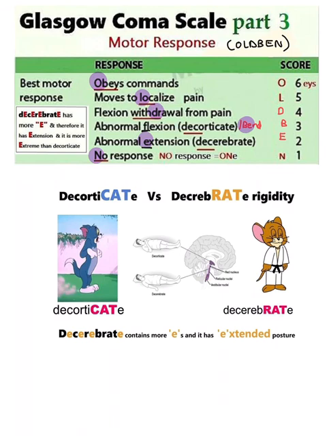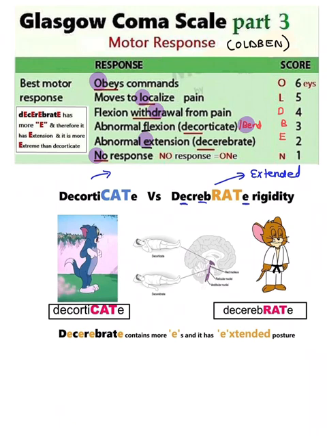Now there is a very big confusion: what is decerebrate and what is decorticate? I think this is one of the most confusing topics starting from your first year when you read it for the first time. In which one do you have extension posture and in which one flexion posture? If you see the word decerebrate, there are more E's, which means it has the extended posture. Remember like this, and decorticate will have the flexion.